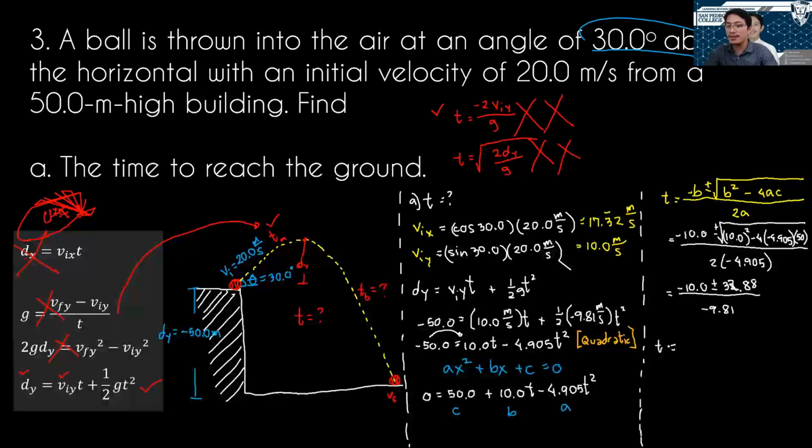Time is either negative 10 plus 32.88 divided by negative 9.81, which is 2.33 seconds, or we have time is equal to, di ba dalawa man yan, either positive or negative, negative 10 minus 32.88 divided by negative 9.81, which is 4.37 seconds.